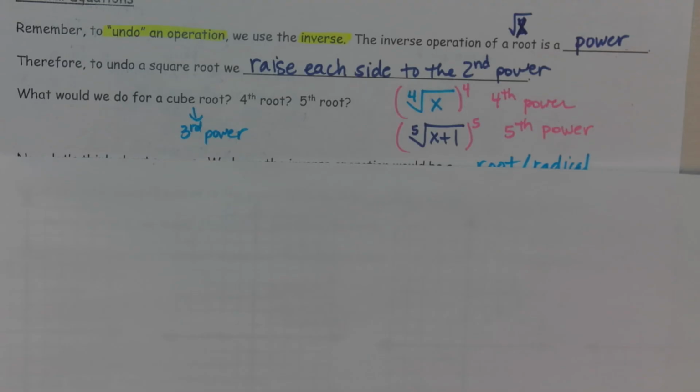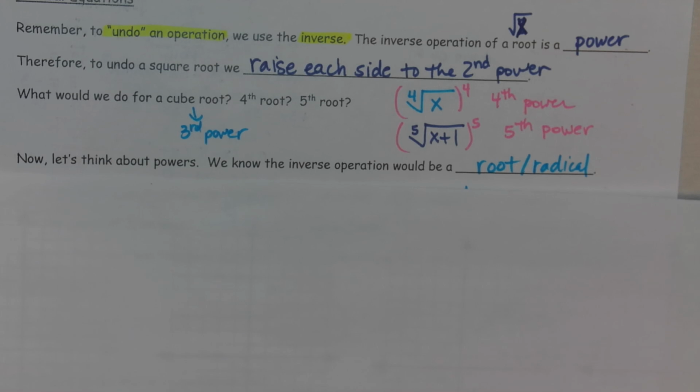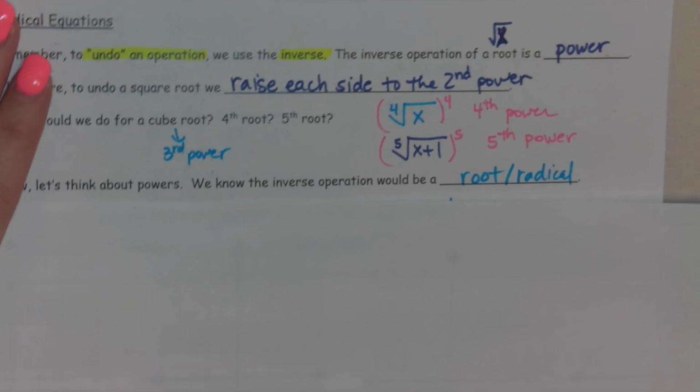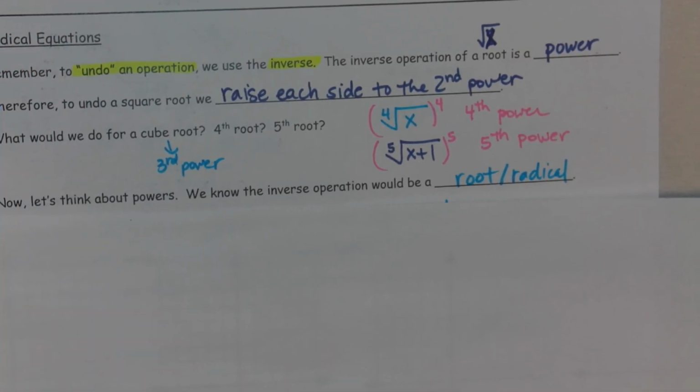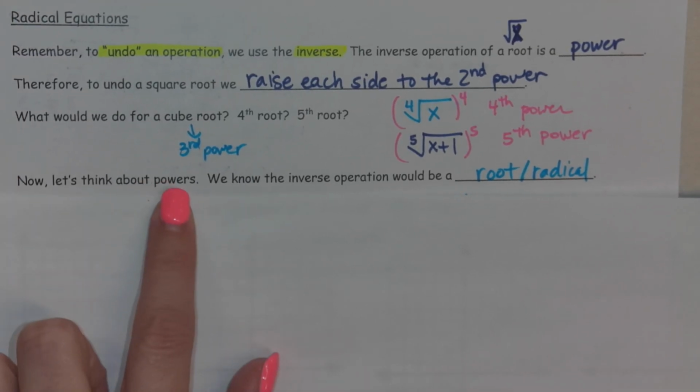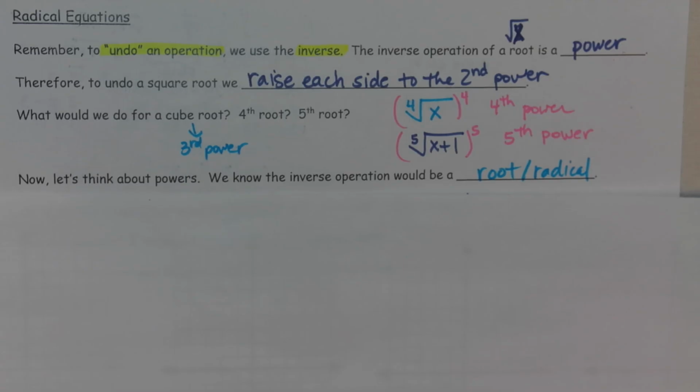A lot of times we just have seen x inside, but we could have a binomial. So if you have x plus 1, that's going to apply as well. And then we also want to be thinking about powers as well as the roots. We know that the inverse operation of a power, an exponent, would be a root or a radical.